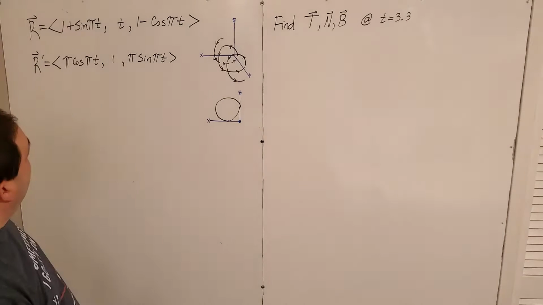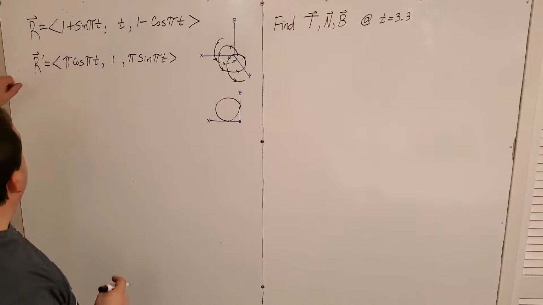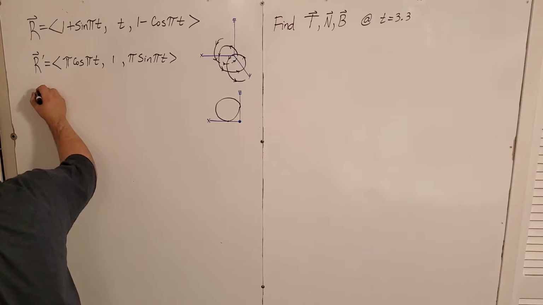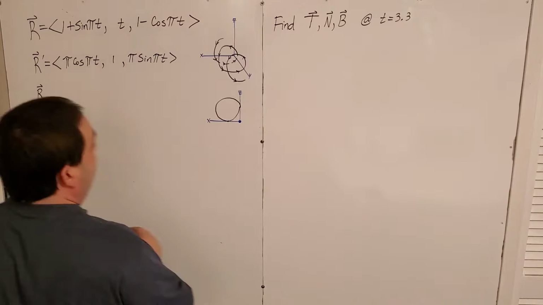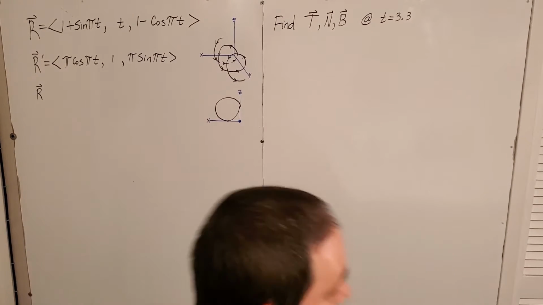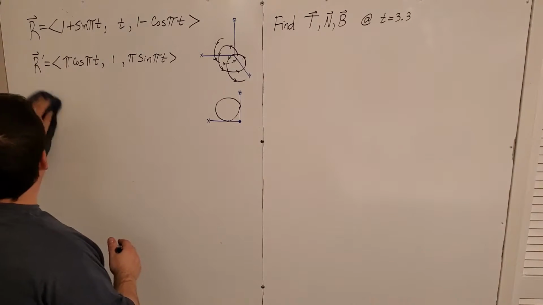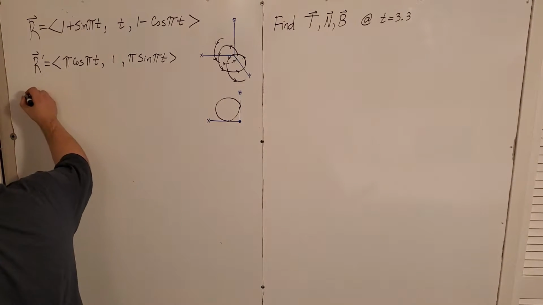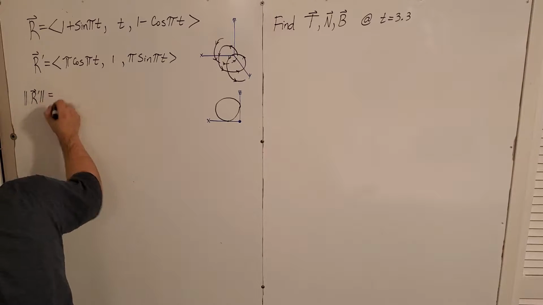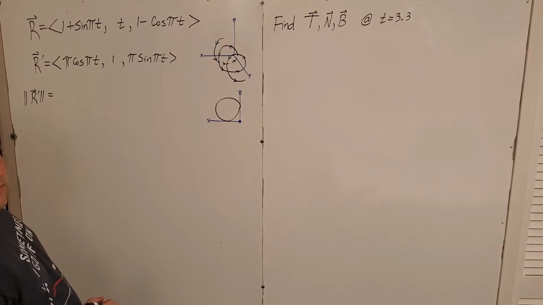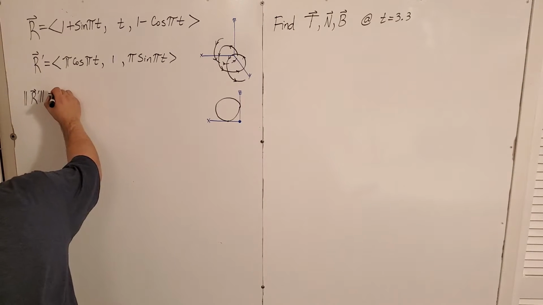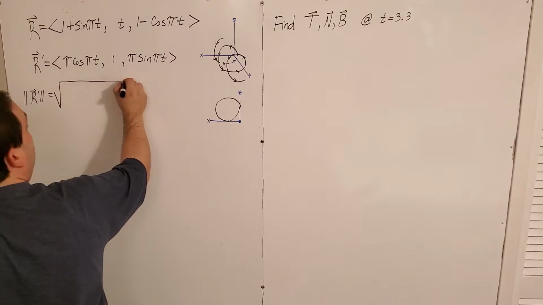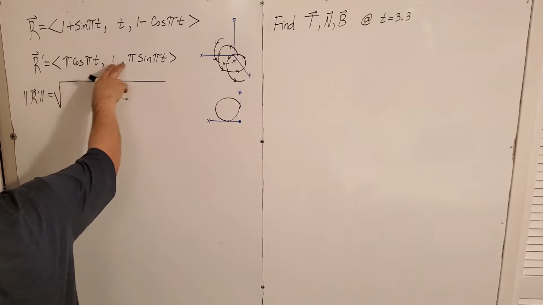Next, I'm going to do my second derivative. Or actually, no, wait. I don't want to do that. I'm going to do its length. The length of r prime. So that's going to be the square root of each of the pieces squared.